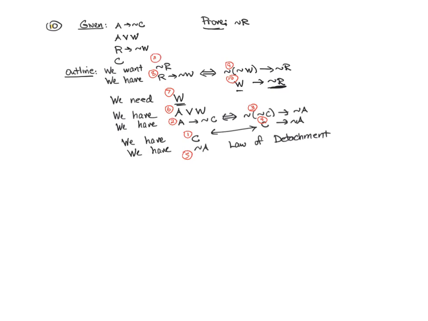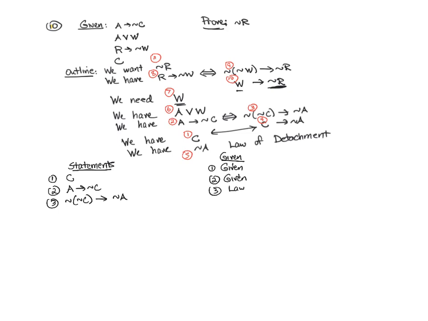So let's try to write it out. So we said we'll start with the C. And together with that, we're going to put the second given as is, if A, then not C. And we're going to write if not C, then not A. That's the law of the contrapositive, in step 2.